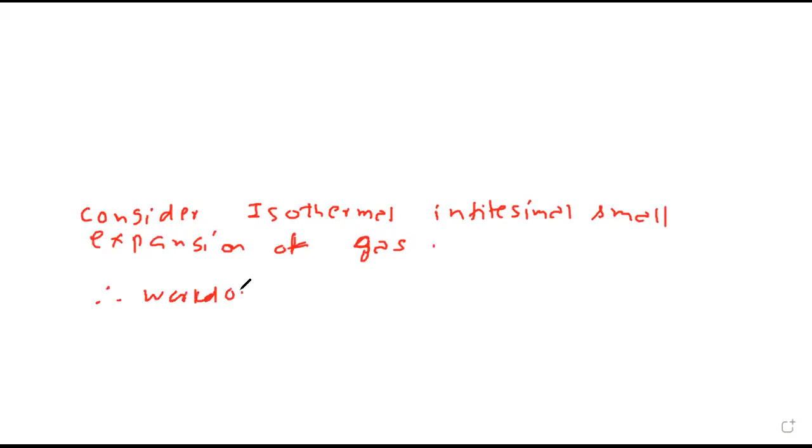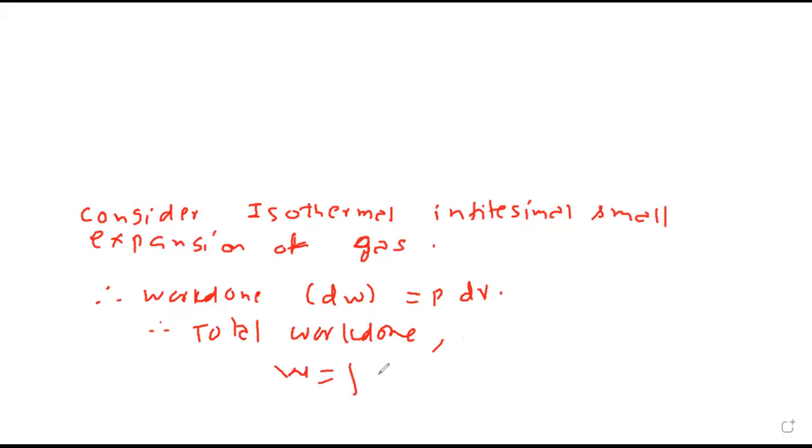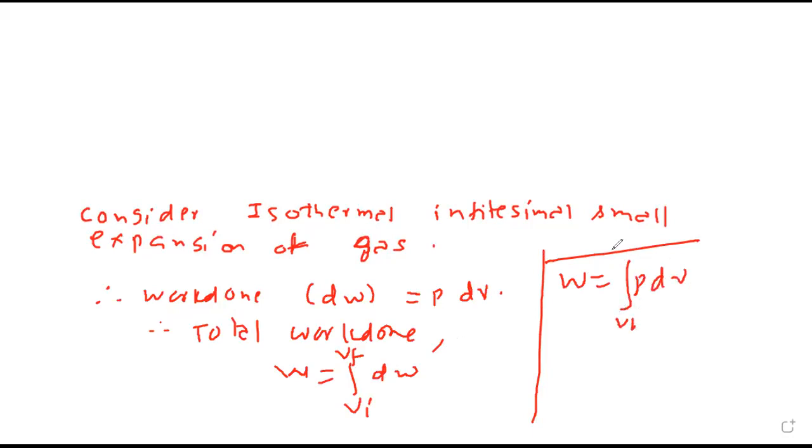Therefore, work done dW is PdV. Therefore, total work done W is the integral of dW from initial volume to final volume. So we can say work done is the integral of PdV from initial volume to final volume.